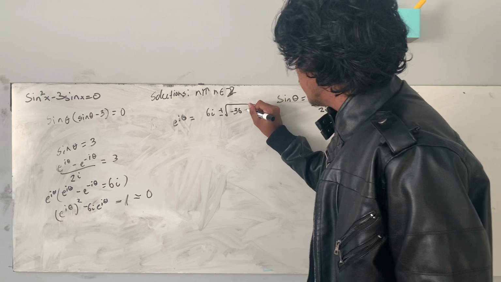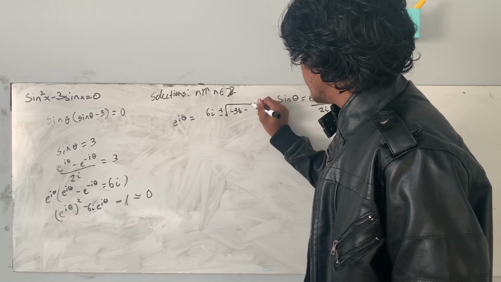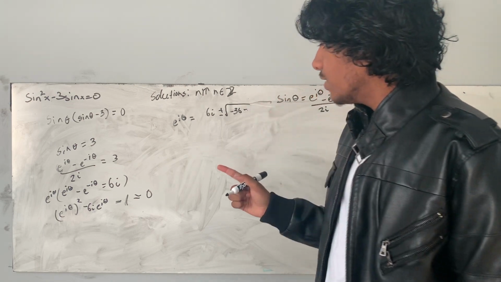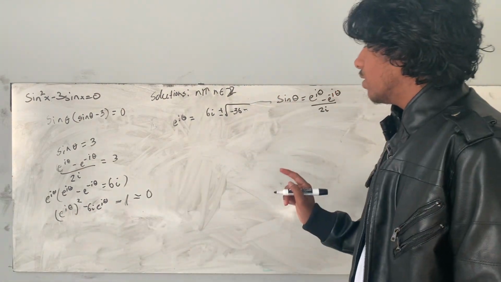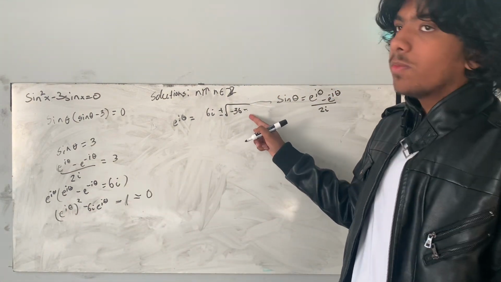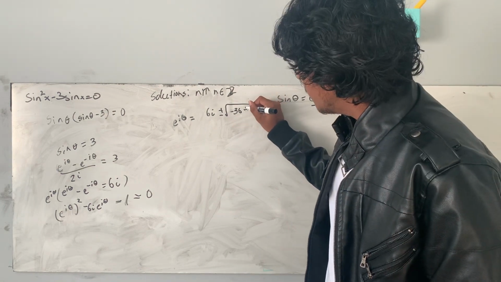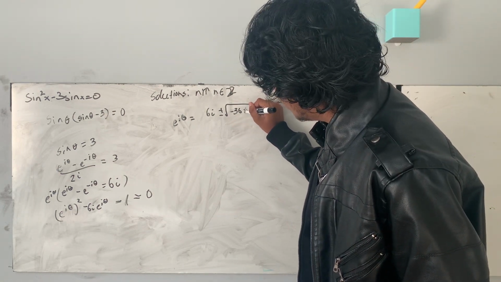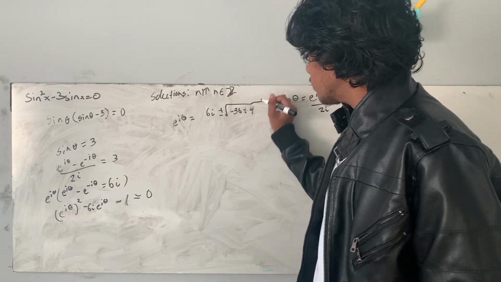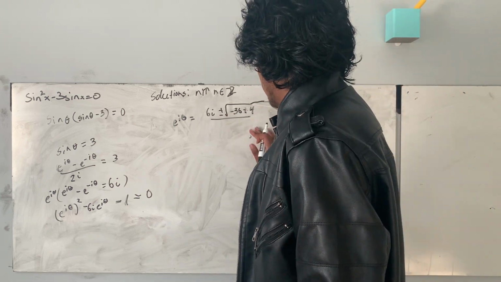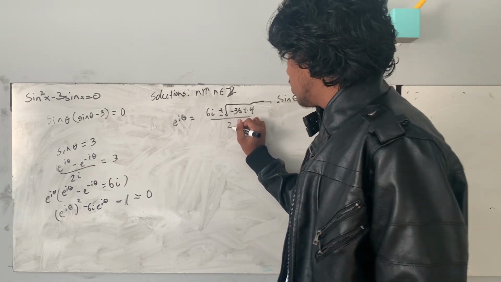minus 4 times a times c, right? 4 times a is 1, so we don't have to worry about that. 4 times minus 1 is minus 4. There's a negative over here, so that's actually plus 4, all over 2a, which is just 2.